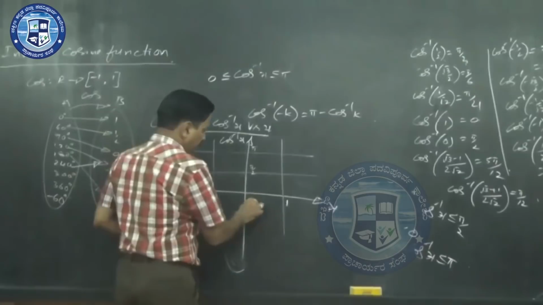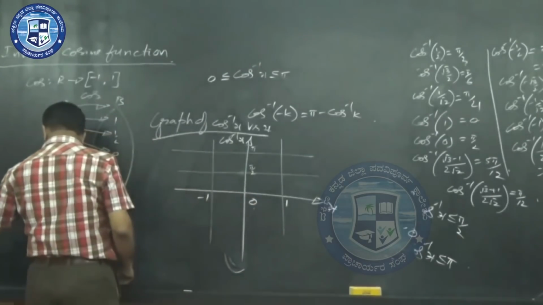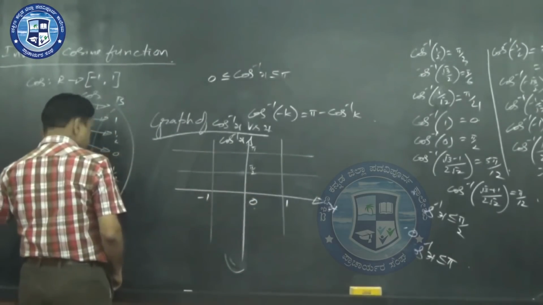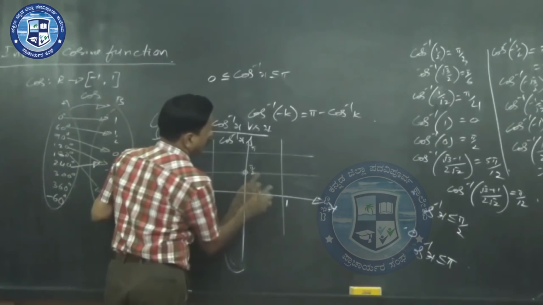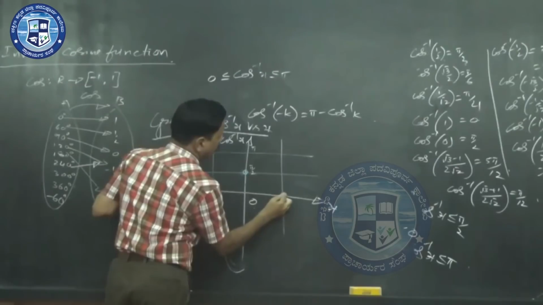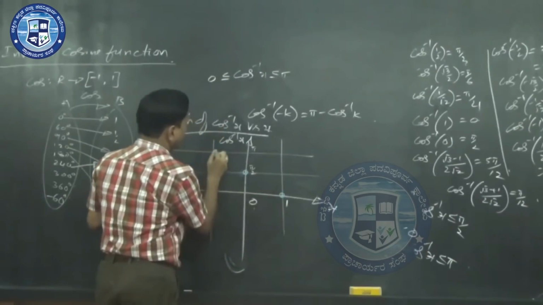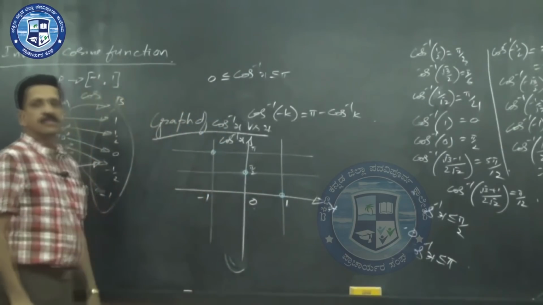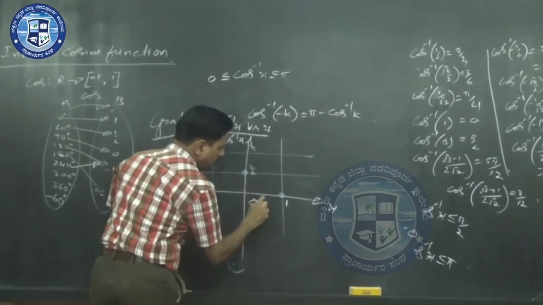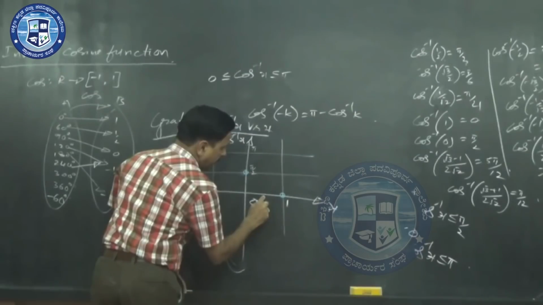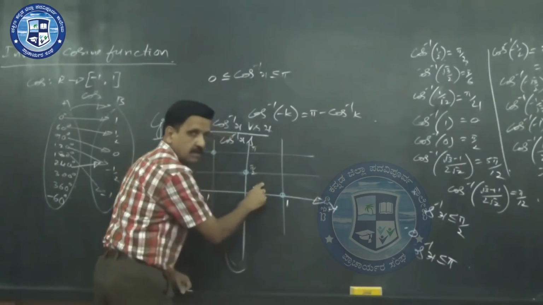On the basis of the analysis we have done, you tell me the values. Cos inverse 0 is pi by 2. Cos inverse 1 is 0. Cos inverse minus 1 is pi. And in between you have so many values. Cos inverse 1 by 2 is equal to pi by 3, somewhere here.